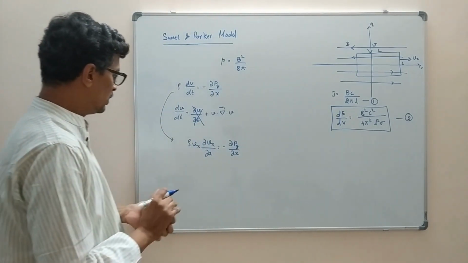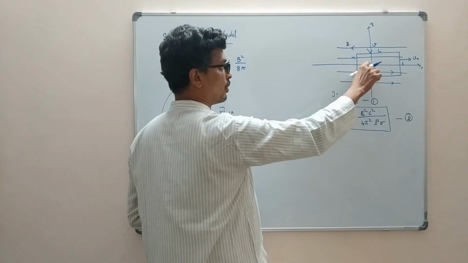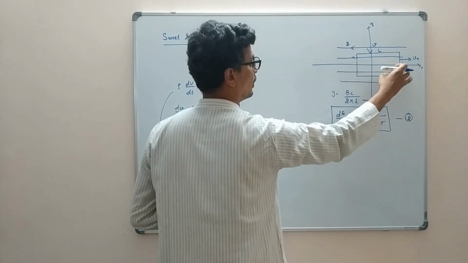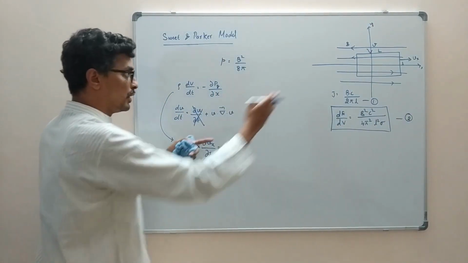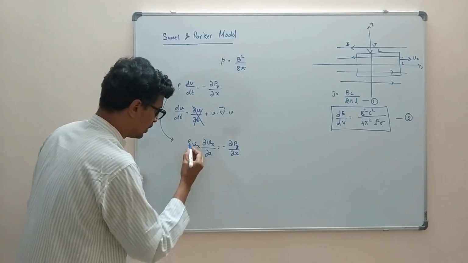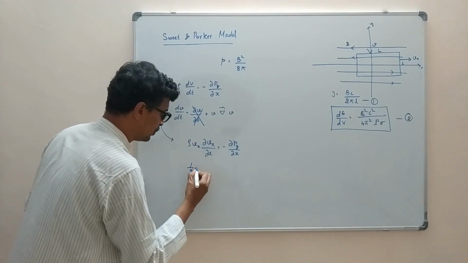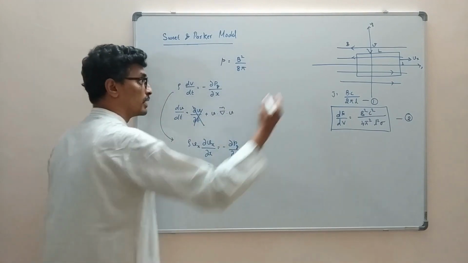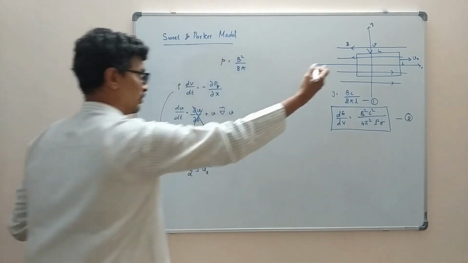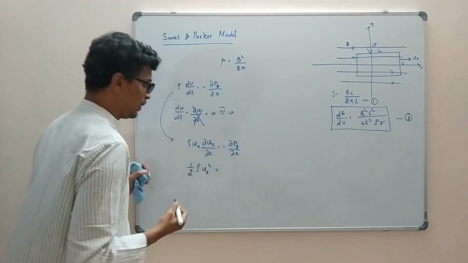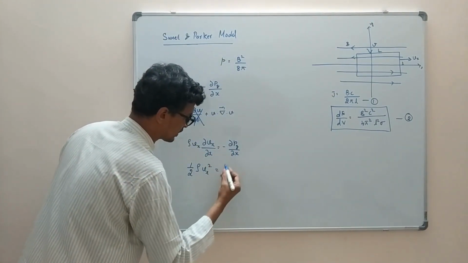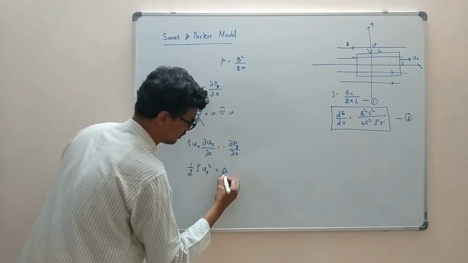Fine. So now, at x equal to 0, the velocity will be 0, and at a distance of L, we say the velocity is Vx. So when I integrate from 0 to L, what I am going to get is half rho Vx squared, because at 0 your velocity is 0, and only at the other side we have the velocity Vx. This will be equal to the pressure difference, which I will write as del Pg.